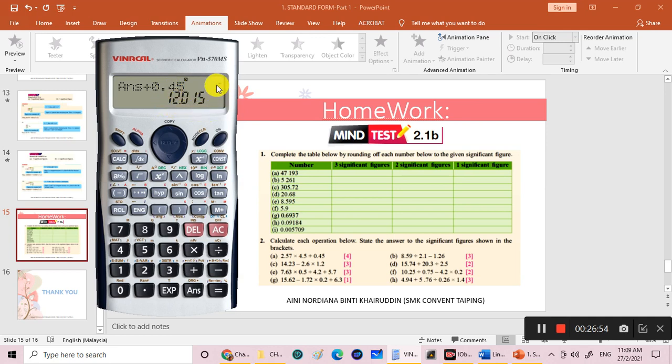So this answer you have to round off. So it becomes only 4 significant figures. So for A, the answer will be 12.02. Because 12.015 is 5 significant figures, but the question asks you to round off to 4 significant figures. So the answer will become 12.02.